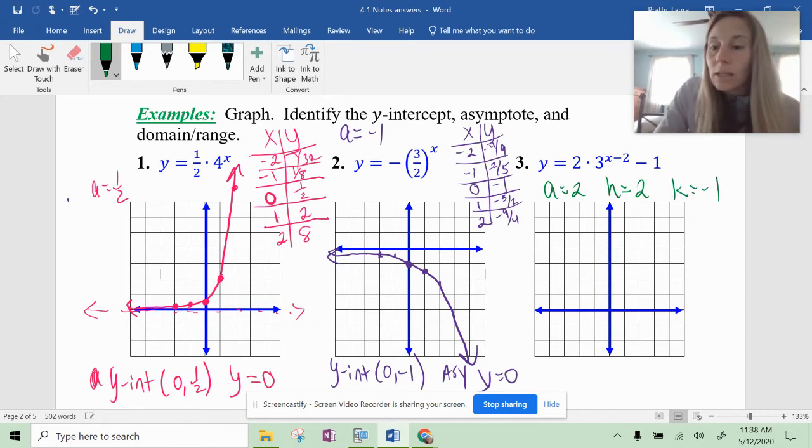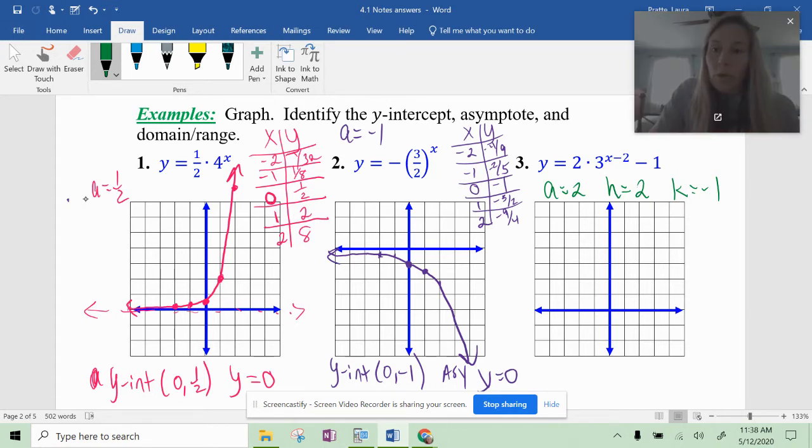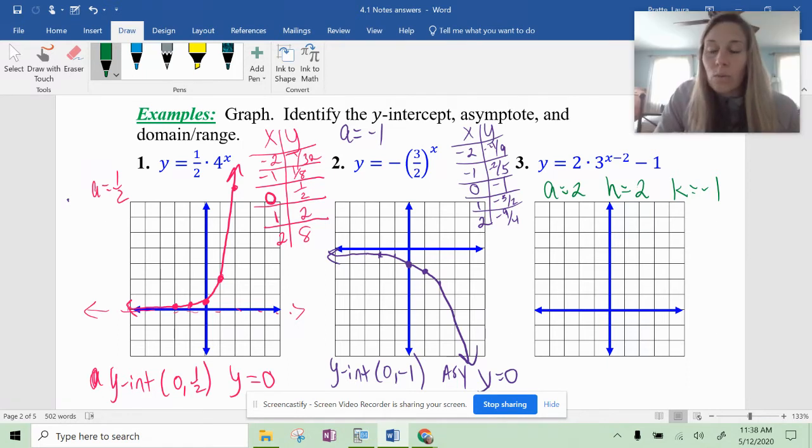Now the reason why I'm writing those is because some of these numbers are going to help us, right? Now this time the y-intercept is not just going to be 2, and that's because we have this shifting going on. If we didn't have that -2, -1 there, and the graph didn't shift, then the y-intercept would be 0, 2, but this graph is going to be shifted, so it won't be.